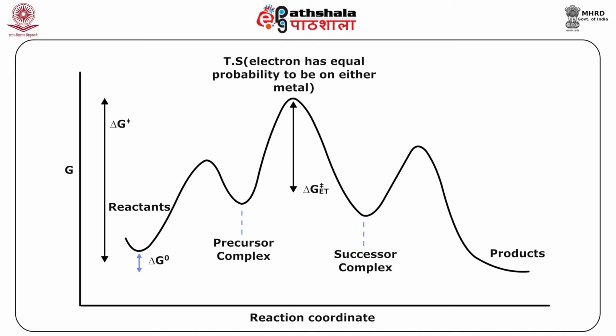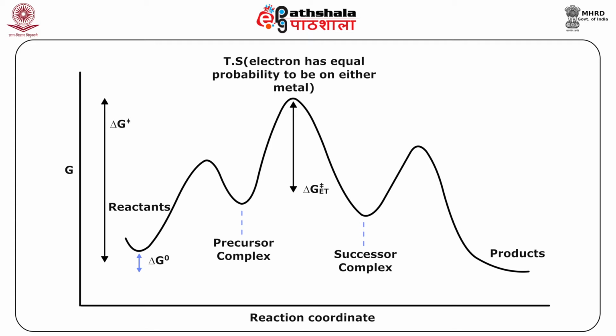In the transition state, the electron has equal probability to be on either metal, meaning it could be on one reactant and is at equal probability to go to the other reactant. So when such a scenario is created, the energy of this system is raised, and it is the most unstable stage of the associated complex. Then, as soon as the electron transfer process has occurred, the energy goes down, and it leads to the formation of a successor complex.